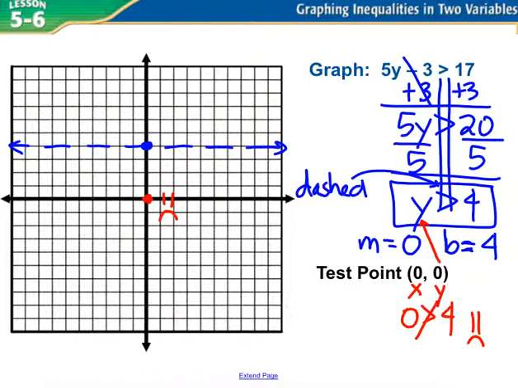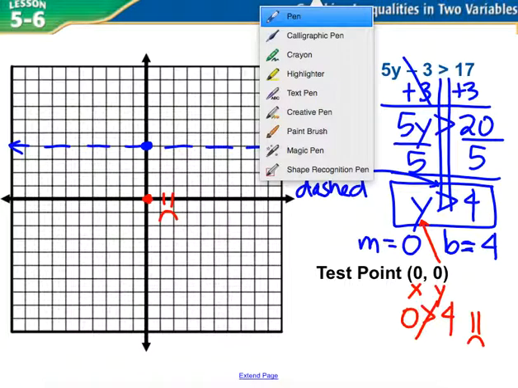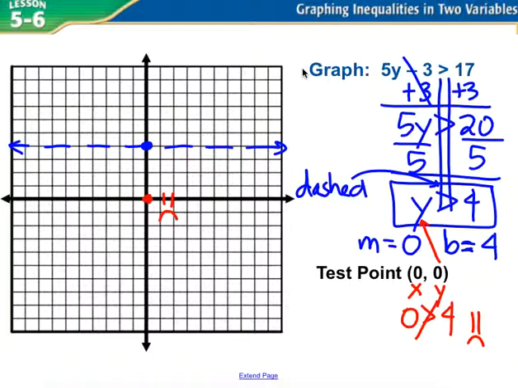That is a frowny face, meaning we need to color everything above. So the solution is above the boundary line, not including the boundary line. Everything above that dashed line is part of that solution.